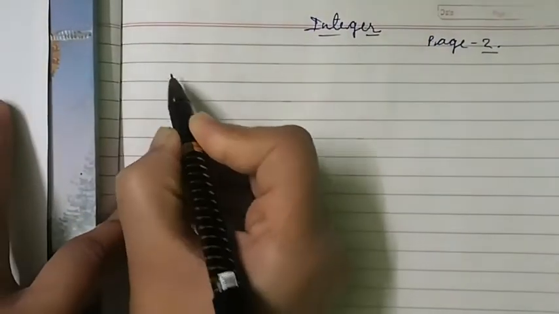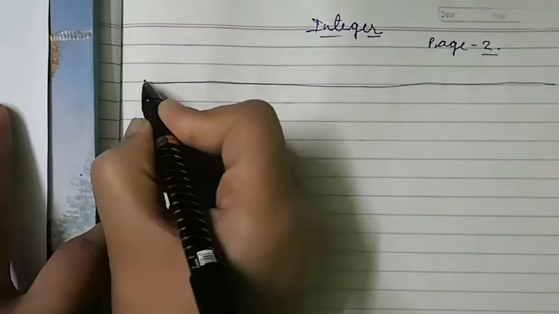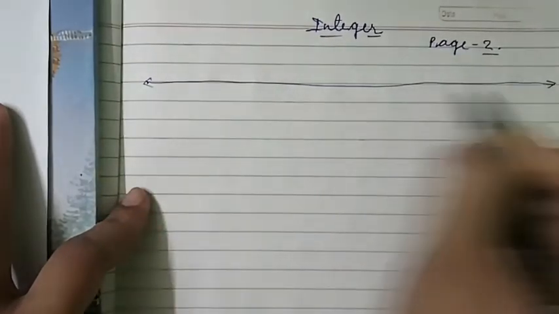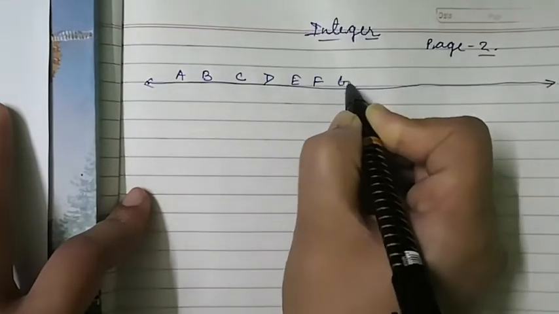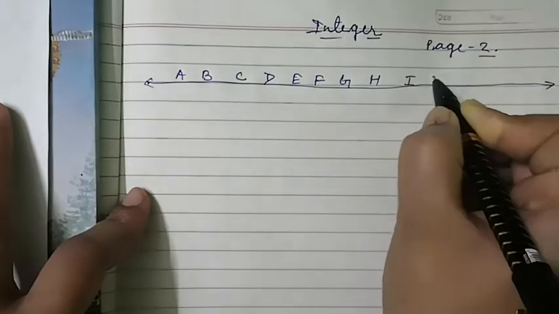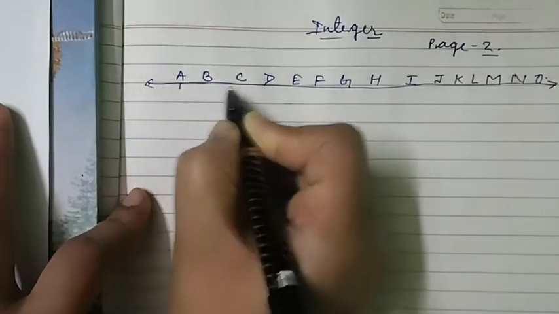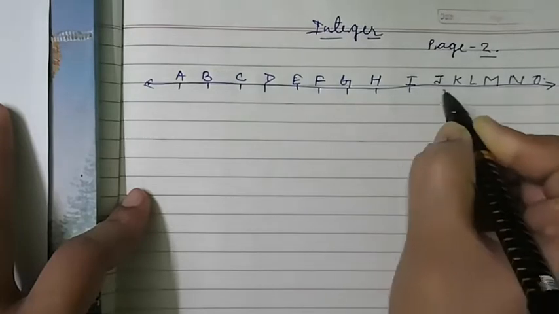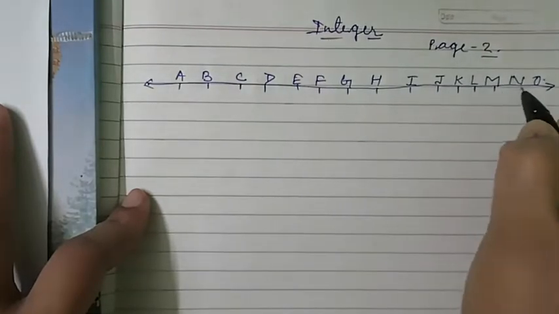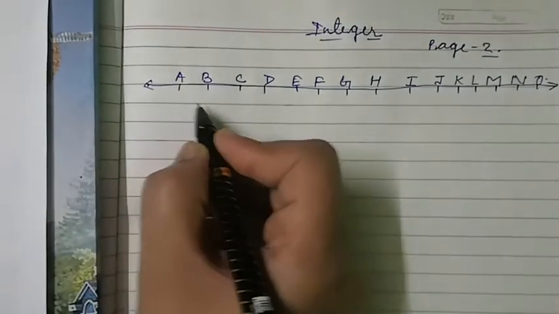Let's see, we first draw the number line in the copy. On a proper gap you will draw this one. This is a video and it won't be too lengthy, that's why I am doing it fast, but you should take a proper gap. Okay, let's see.